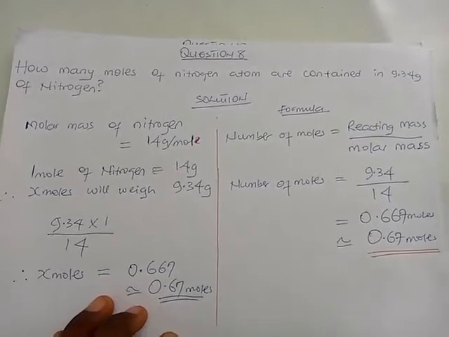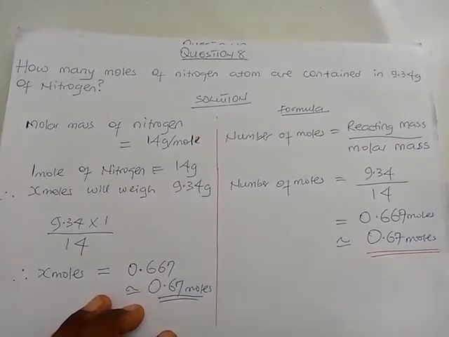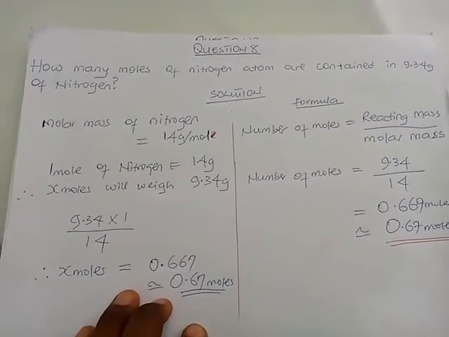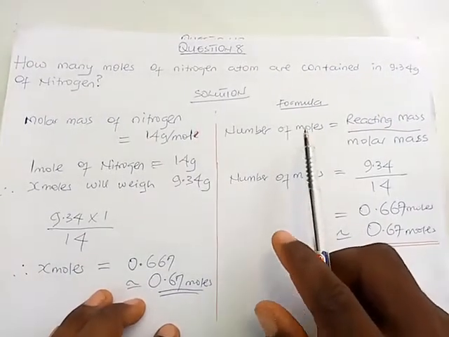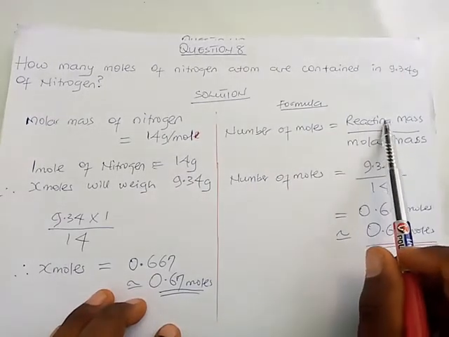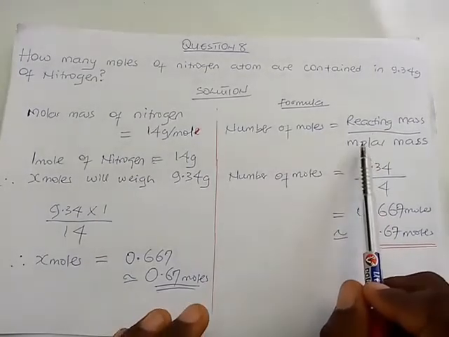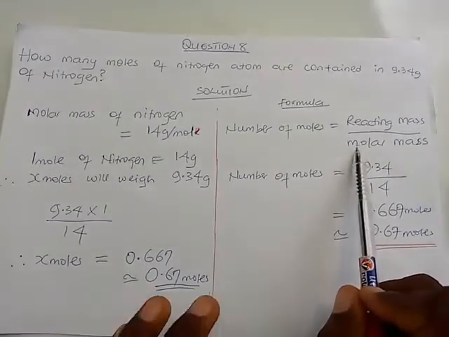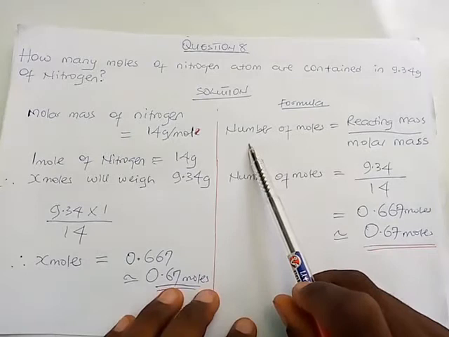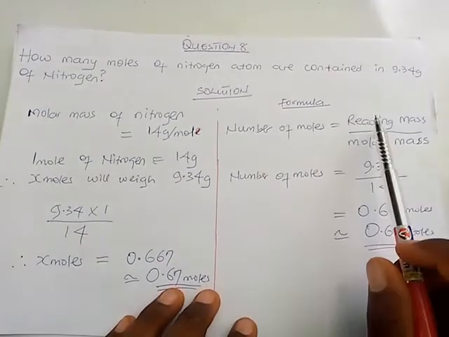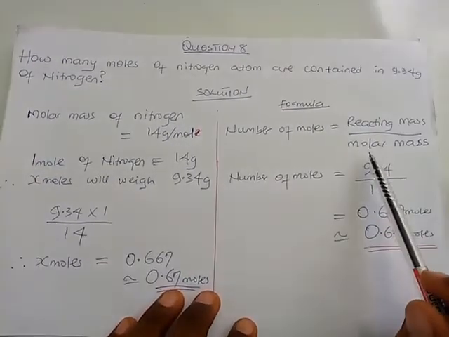From this, I believe it's clear to us that questions in this topic that have to do with reacting mass and moles, you discover that either you are asked to find the moles and you are given the reacting mass, and by reason of the element or compound mentioned, you can find the molar mass, or you'll be given the number of moles and the mass of that element or compound, and you are asked to obtain the molar mass.